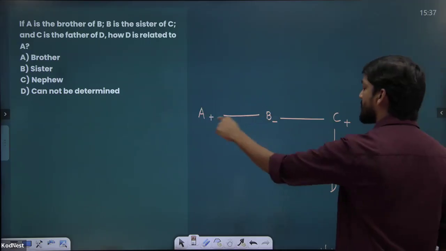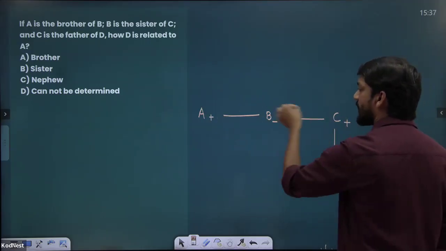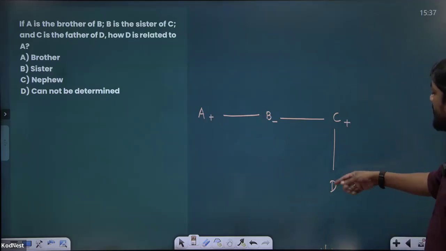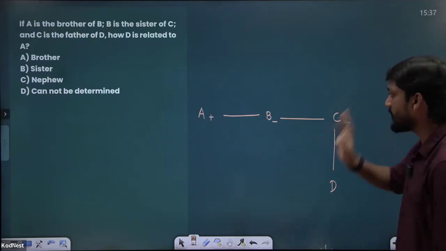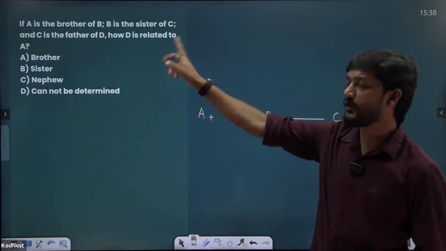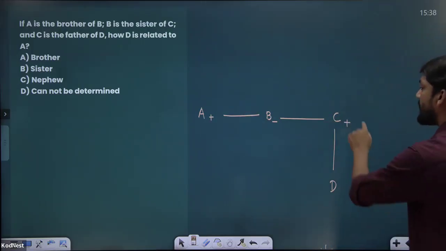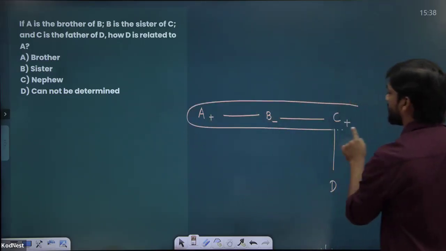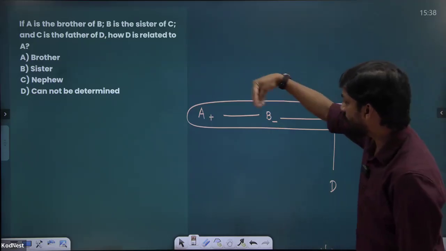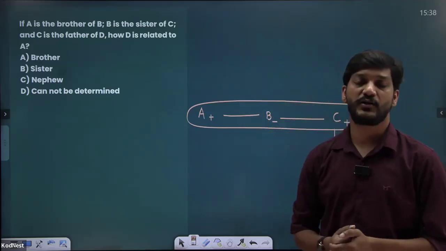So they are brothers and sisters because single line, same generation, brothers and sisters, and D is the child of this person C. Now please carefully answer, how is D related to A? So my dear, these are brothers and sisters. Out of them, one person is father, so others will be uncle and aunt, yes or not?